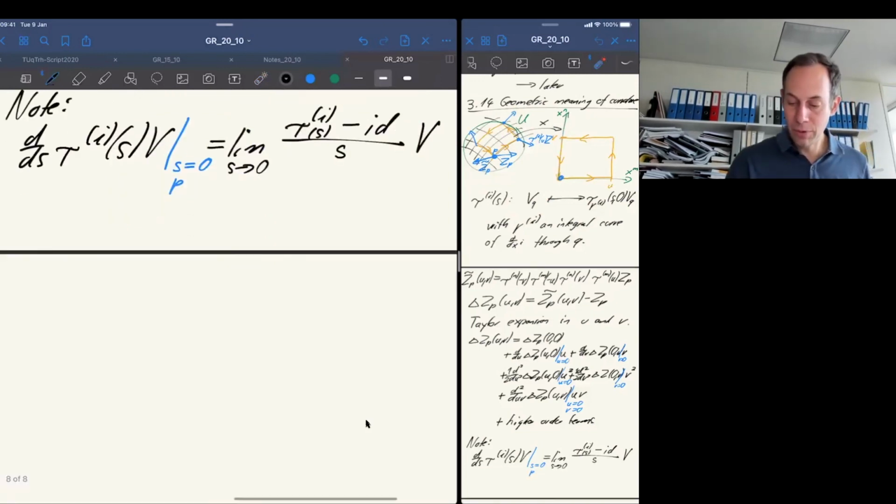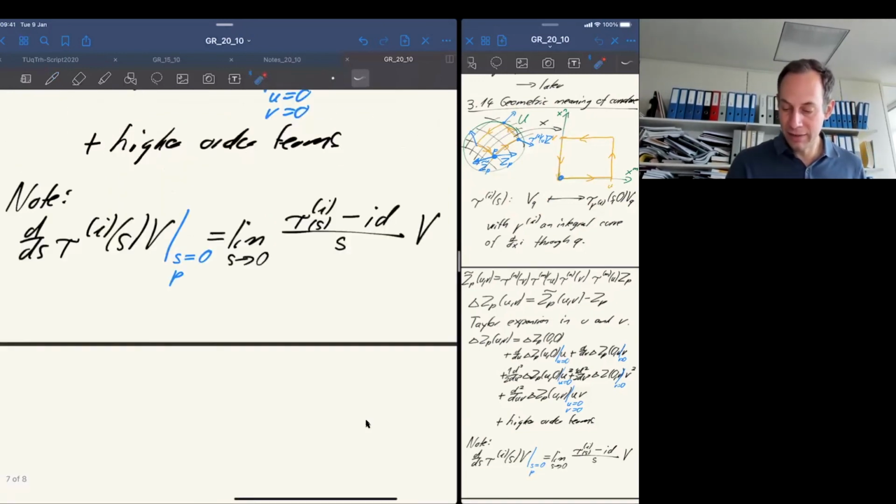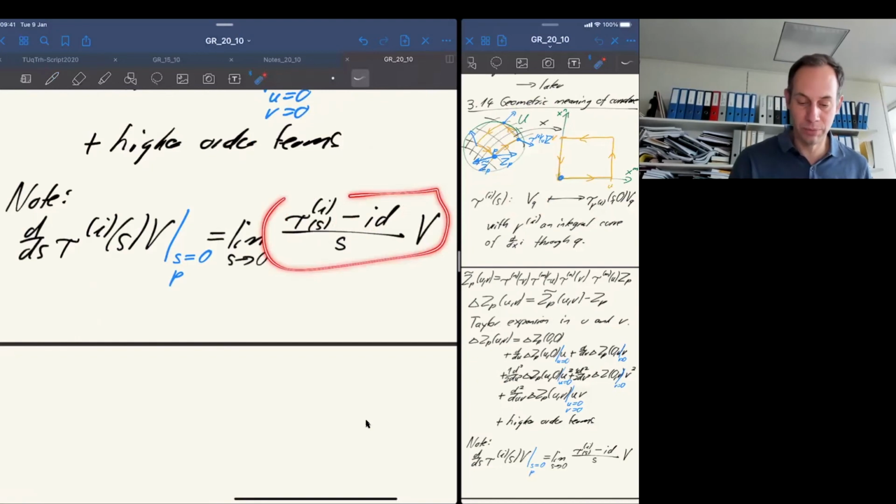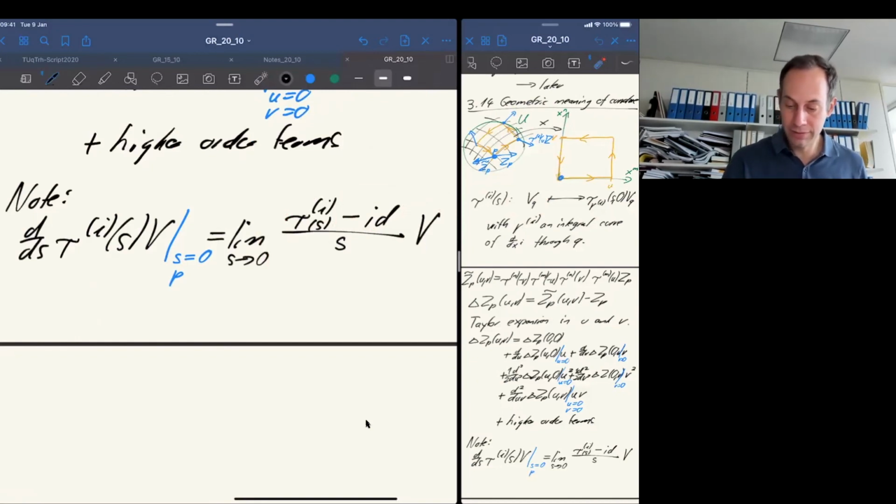But you see, it's important here that I didn't put the vector at the point P in, because then I would have here a vector at the transported point, a little bit away from P, and here I would still have the vector at P, and I cannot subtract it. But if I write it like that, I don't run into this problem. So that's all well defined.